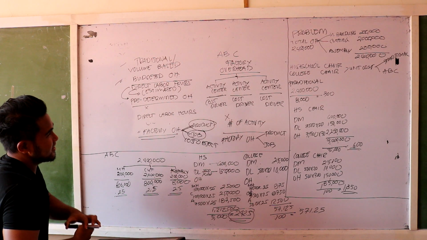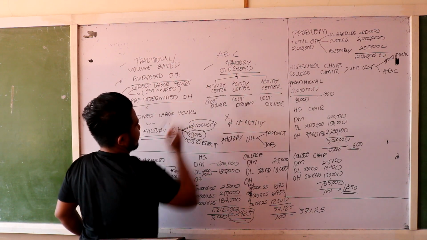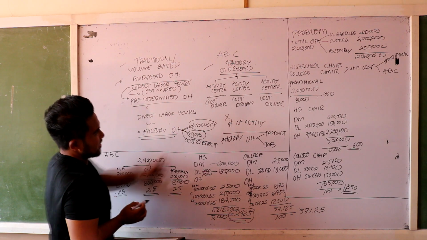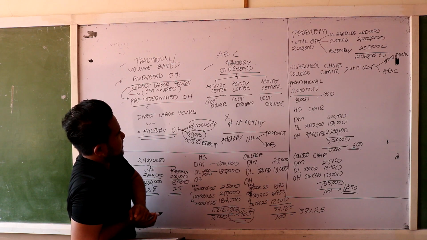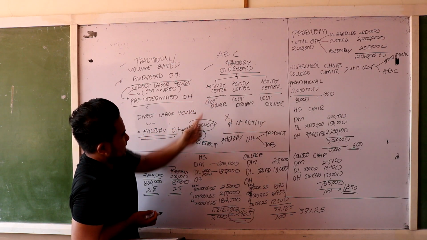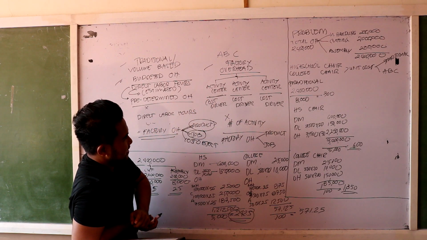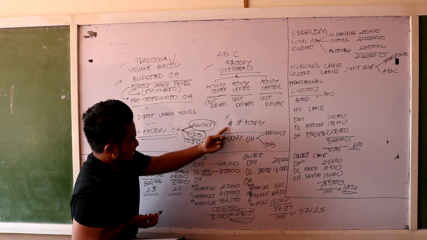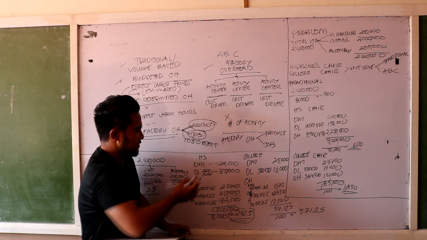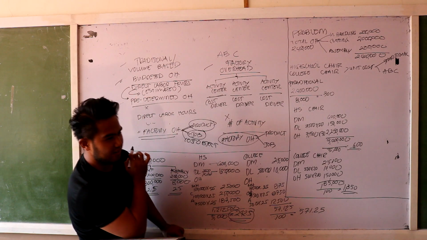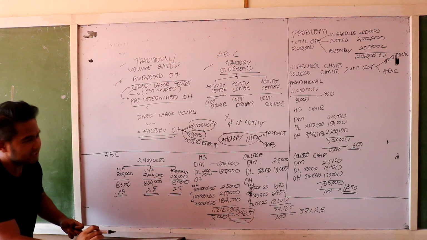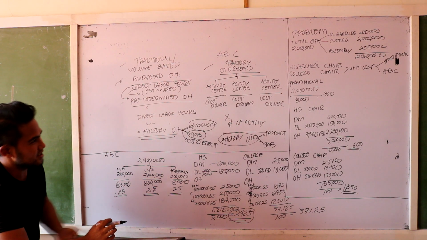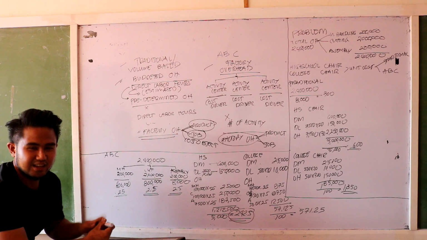Let's proceed regarding ABC. So guys, regarding our factory overhead, we will distribute it to our activity centers. And in there, we will allocate the factory overhead using the cost driver. And lastly, we will multiply it to our number of activity. And that is the amount of factory overhead that will be given to our cost objects. And to illustrate this concept, let's take the problem given in your LMS.